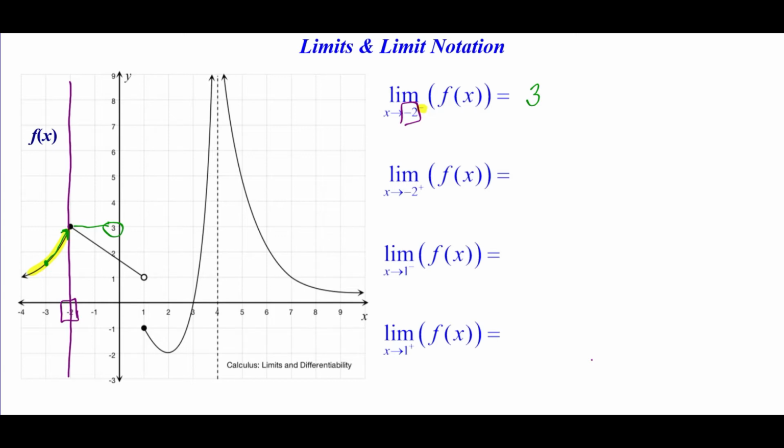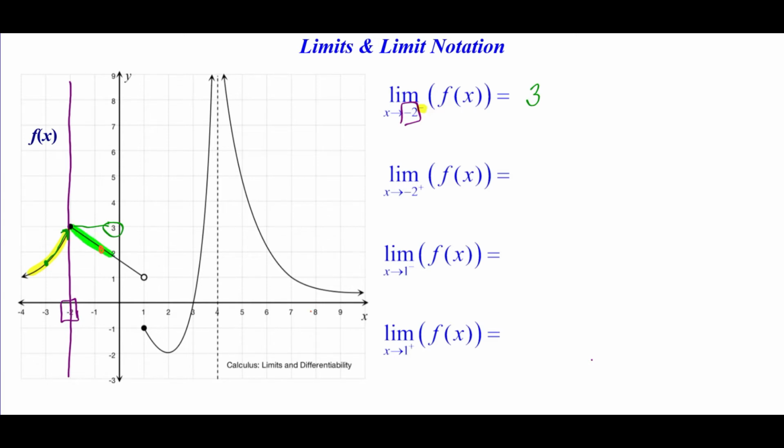Similarly, this next one says, what's the limit as x approaches -2 from the plus side, which means the right side. Again, I'm at that same value, -2, and we have the same vertical line. So I'm going to come just to the right side of this function.